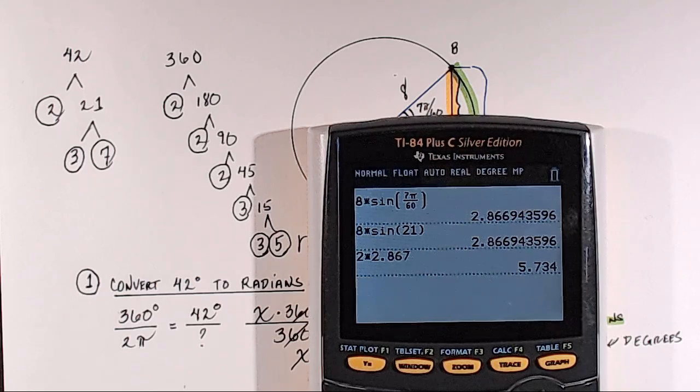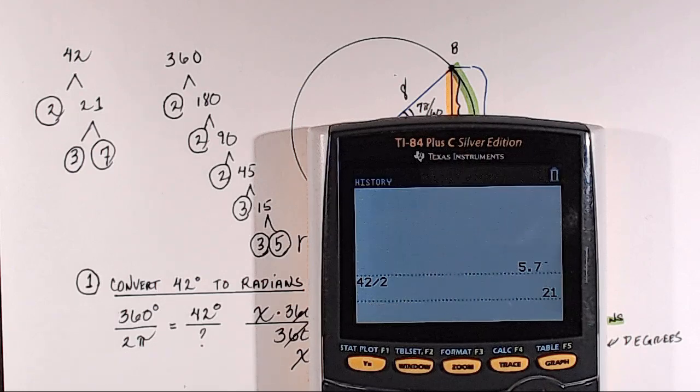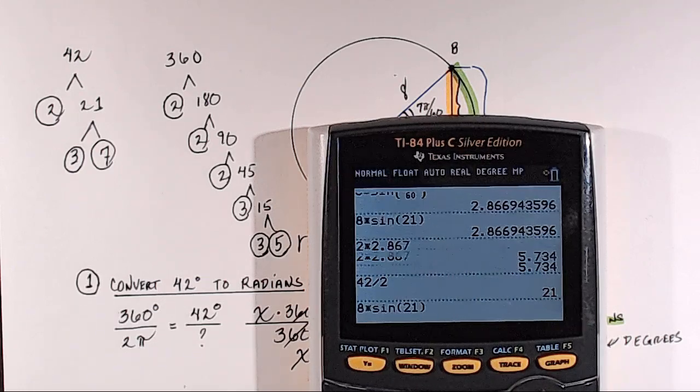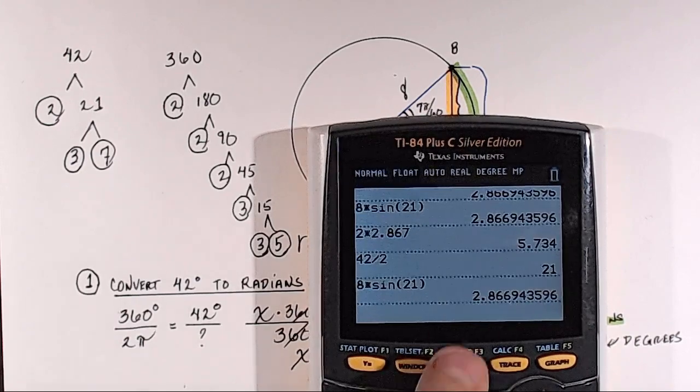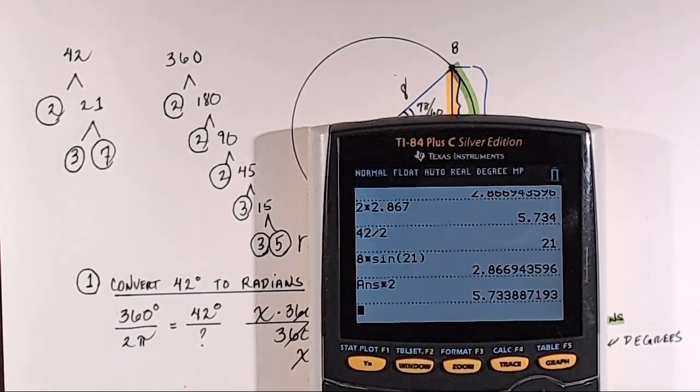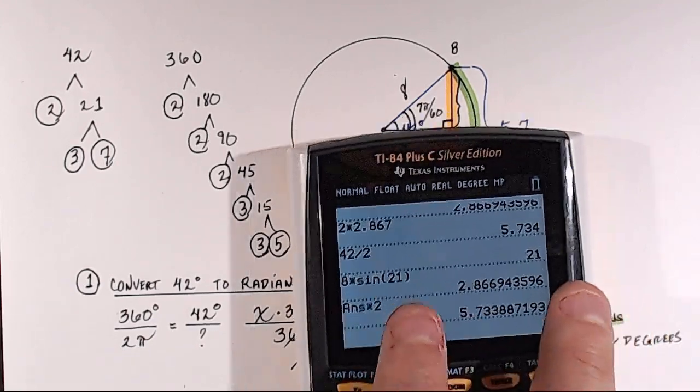You've got 42 degrees, take half of it, it's 21. Now, what you're going to do is multiply the radius of 8 times the sine of that angle, and that gives you half the chord length. Then multiply that times 2. So it's really, really quick once you understand what it is that you're doing.